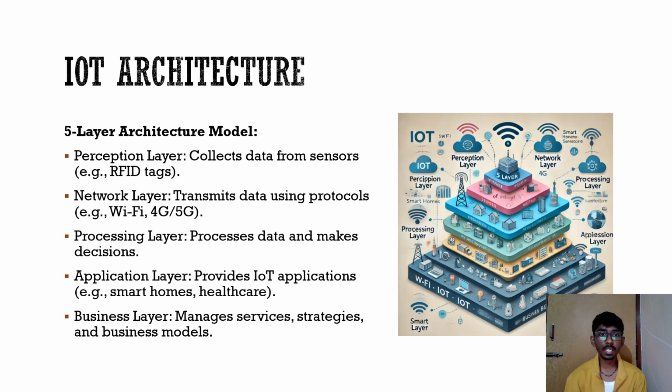And in the application layer, IoT provides, like we can see, the people who are sitting in the office can verify that the car is present and they can let us go through the toll. And in the business layer, the transaction is done, so any amount that needs to be deducted will be deducted. So this was the example of the five-layer architecture of IoT.